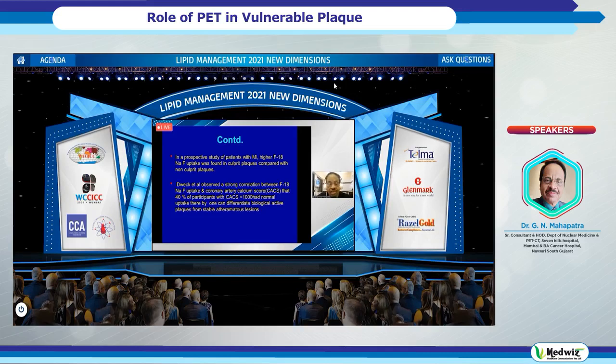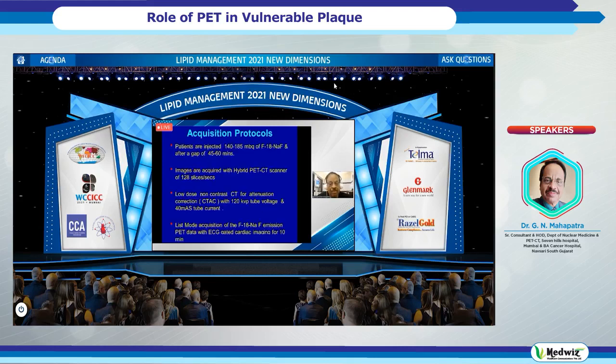Very interestingly, 40% of the participants with a coronary calcium score of more than 1,000 had normal uptake. Thereby, one can differentiate biologically active plaques from stable atheromatous regions. This is a very good teaching point in this study.